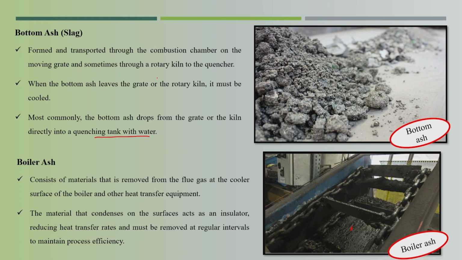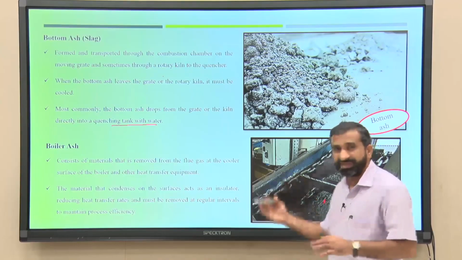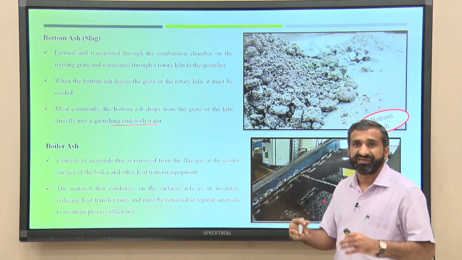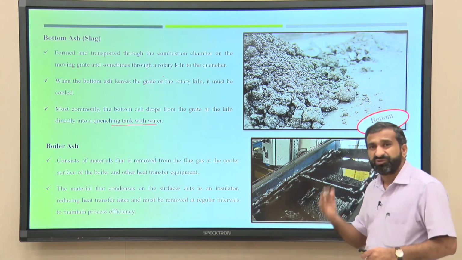The material that condenses on the surfaces acts as an insulator, reducing heat transfer, and must be removed at regular intervals to maintain process efficiency. So, time to time, because once this ash is on the surface of the boiler, the heat transfer will be reduced, and obviously the efficiency will also be reduced, so it has to be removed from time to time.